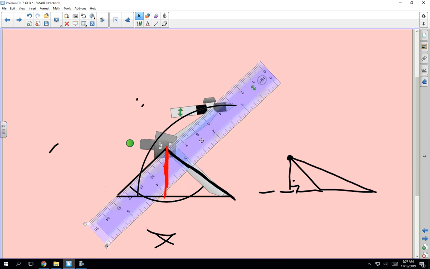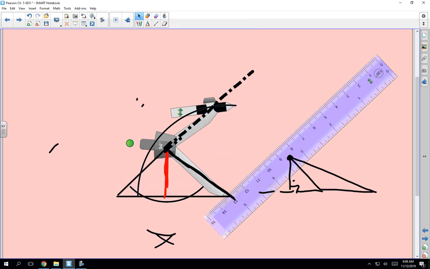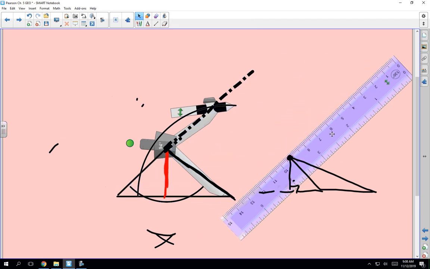That's right. We're going to do it algebraically, so it's not going to matter. There it goes. So I extend this out as best I can. I had to extend this side length out so I could see where the other part of the smiley face hit the side of this triangle.